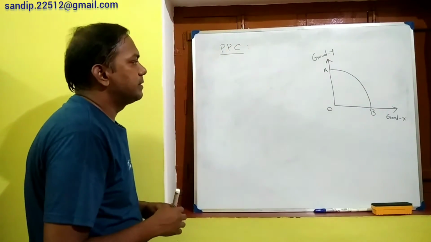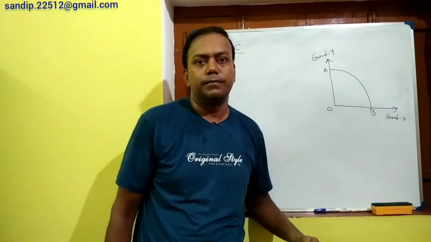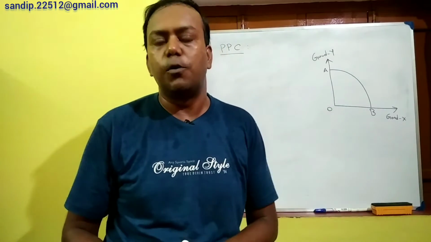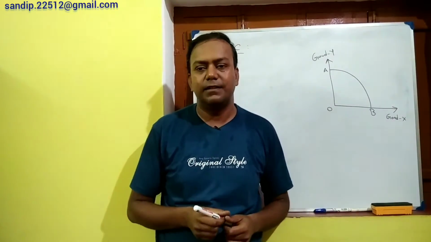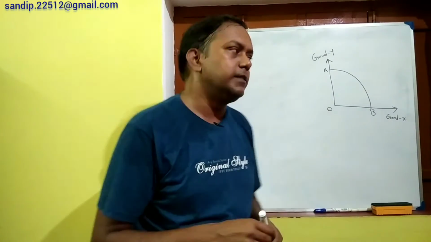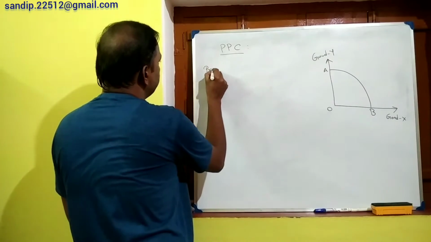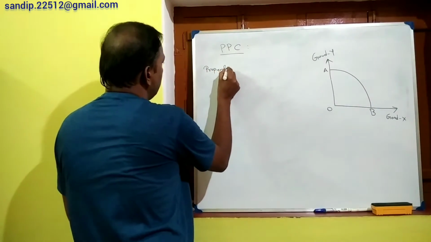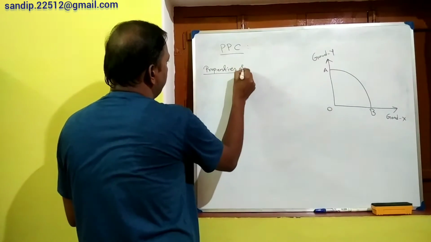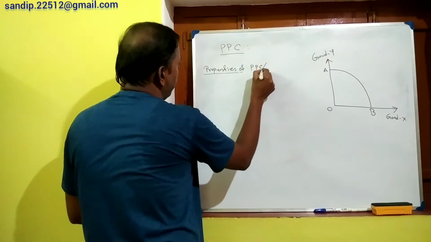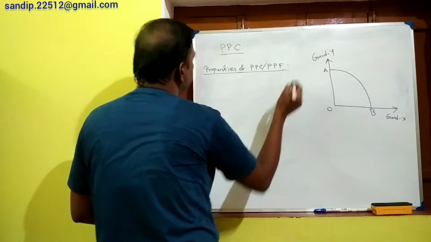Now students, this PPC curve, the production possibility curve or production possibility frontier, has two very important properties. What are the properties of PPC, or PPF, or transformation curve?